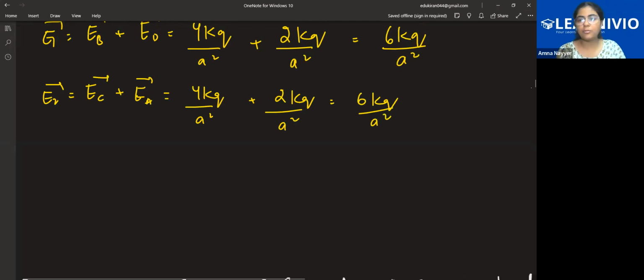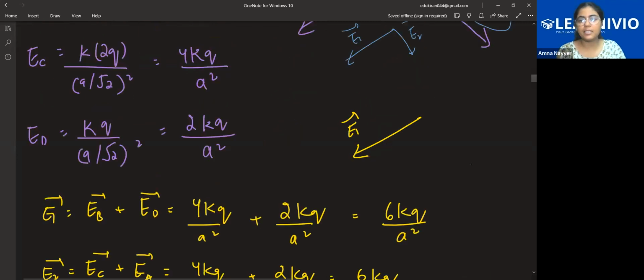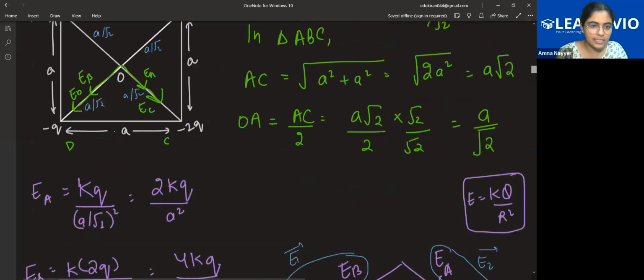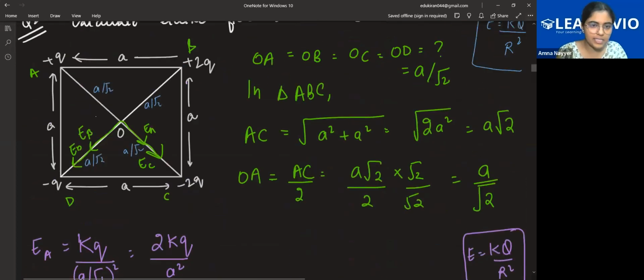You have both the electric fields present. Look at the figure. This arm is E1, this arm is E2.